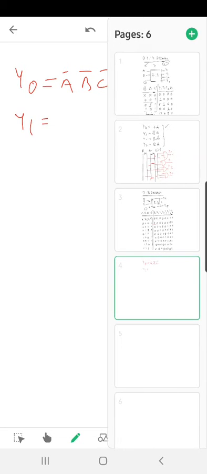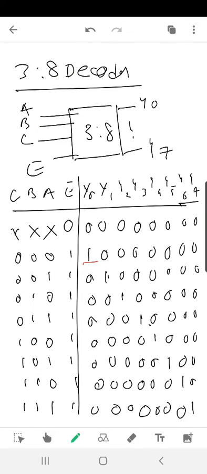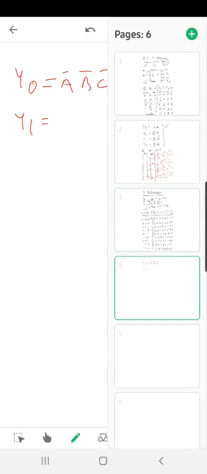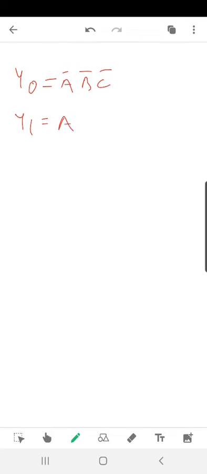Y1 will become, y1 is represented by 001. That means it will be a in normal form, b in complement form, and c in complement form. So y1 will become a, b complement, and c complement. Similarly y2 is represented by 2, and 2 is written as a complement, b, c complement.